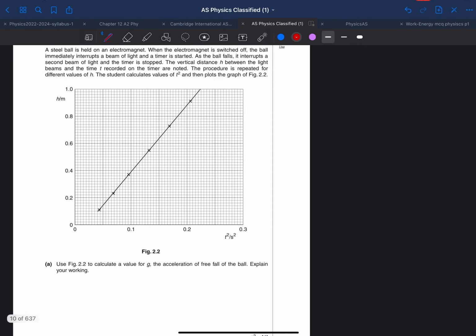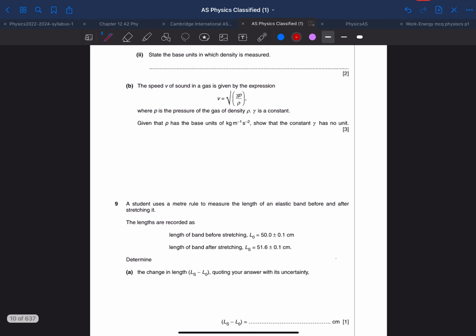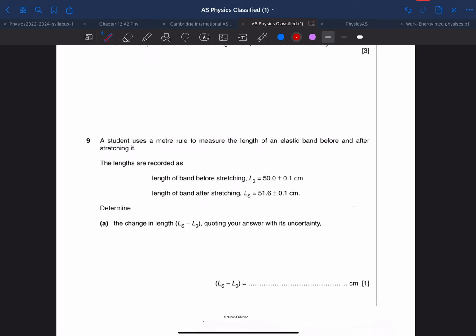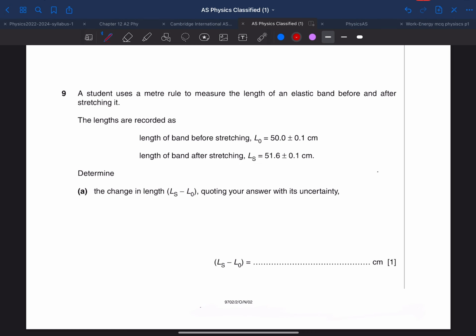Then we can go for, suppose, this problem. Again, this is only one part of the problem, and the question here is question 9. A student uses a meter rule to measure the length of an elastic band before and after stretching it.